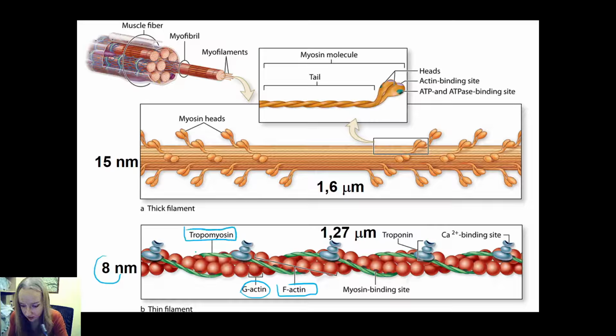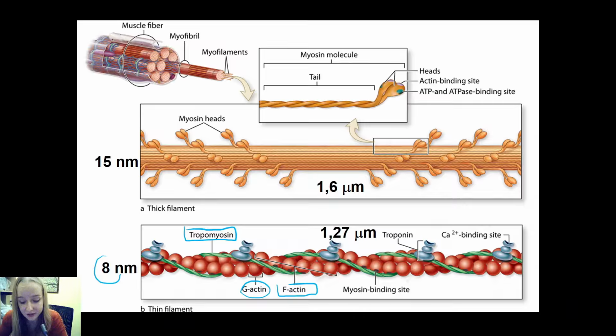Tropomyosin is also a double helix. You can see it right here as the green structure. Once again, what's up with the double helixes in nature? Everything is somehow twisted together in a double helix, like DNA, microfilament, and tropomyosin also. I think nature really likes double helixes when there are 2 structures twisted together.